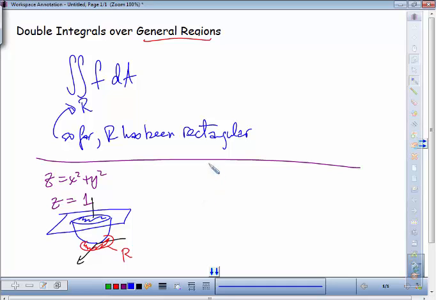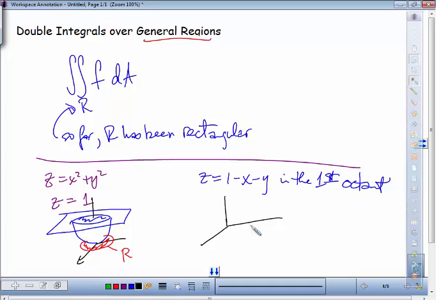Another common example is a plane z is equal to 1 minus x minus y, or something like that. If we want to see how this looks in the first octant, we could try to plot the plane. Plotting the plane is usually not very easy.